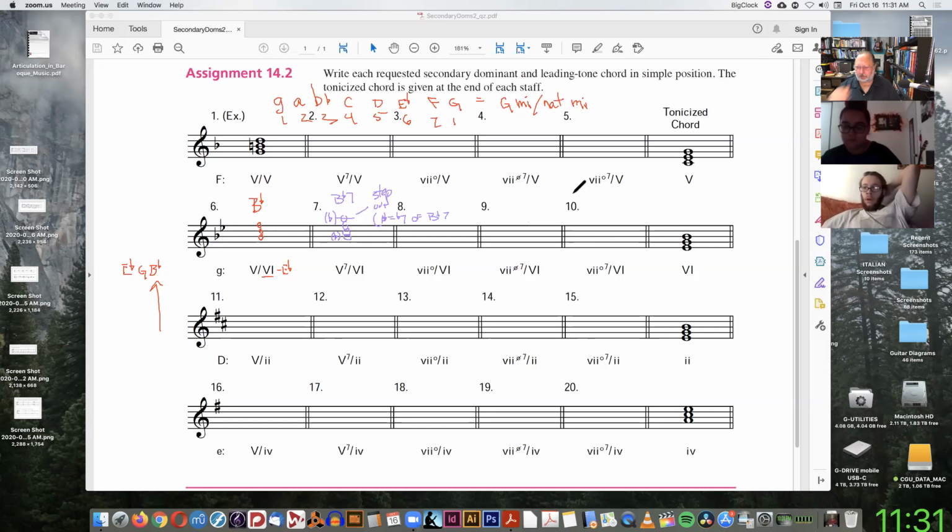So let me show you something real quick here. If you're going from C and then it goes down to D7, that's a progression that happens a million times in country music.